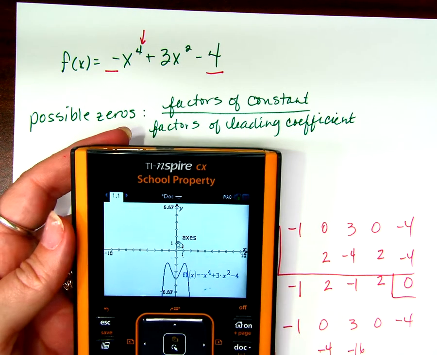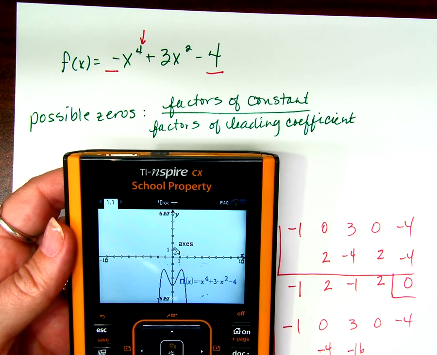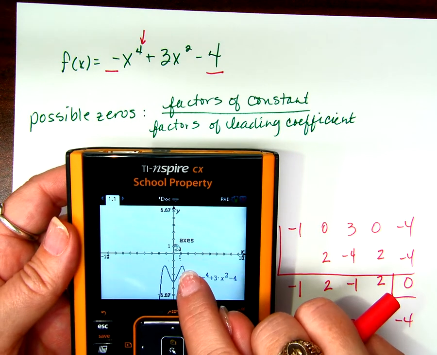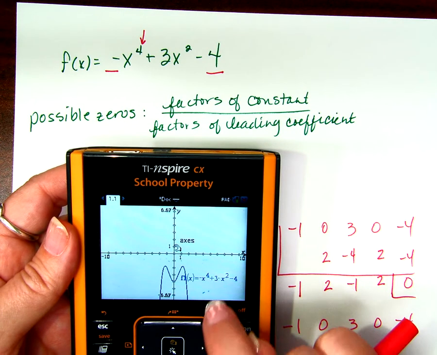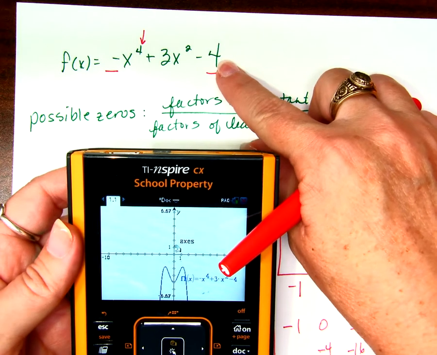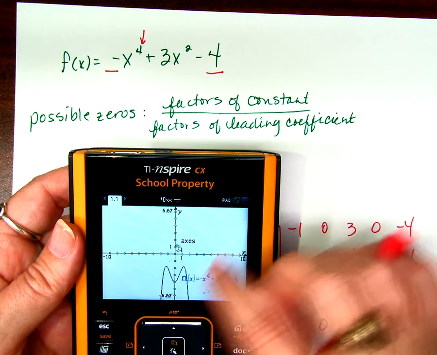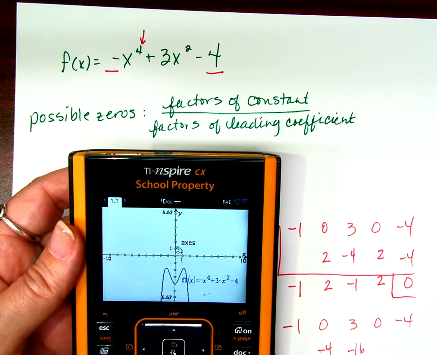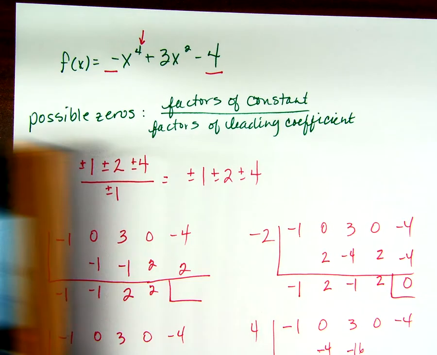But yes, although I just didn't know how high these were going to go. Does that make sense? I know it's crossing the y-axis at negative 4 because that's my y-intercept. But I didn't know how high these were going to go to know if it was going to touch the axis or not. But yeah, that's a good way to think about it too.